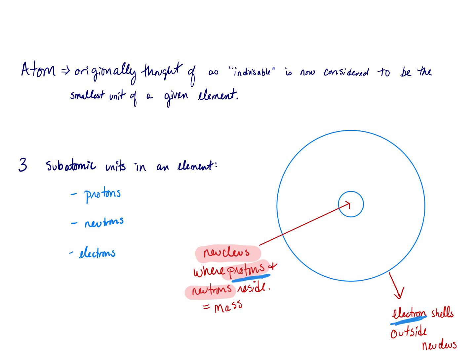Okay, so back to those subatomic particles. Well, so we said that those are the things that make up an element. Well, mostly that's true, but things can kind of actually differ. And so what I mean by that is that when it comes to a given element, what defines that particular element is the number of protons it has.